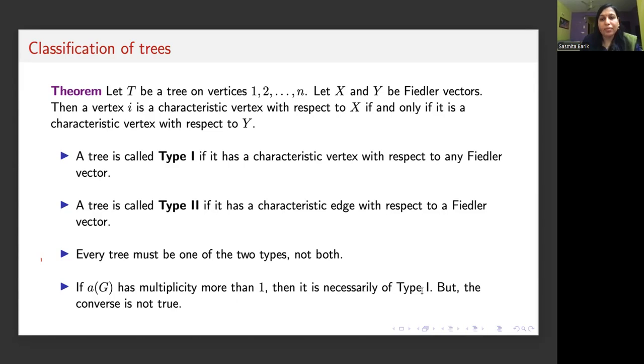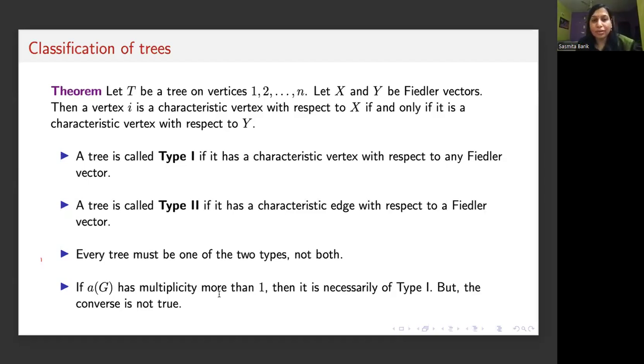If it is type 1, it doesn't mean that the algebraic connectivity has multiplicity more than 1. If it's type 2, then the algebraic connectivity has multiplicity 1. But if it's type 1, it may happen that the algebraic connectivity has multiplicity exactly equal to 1.